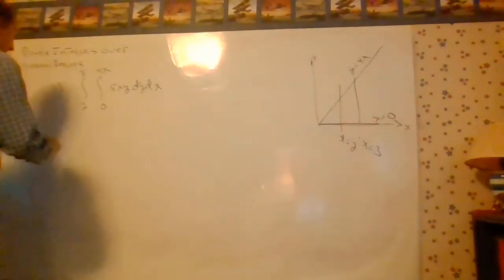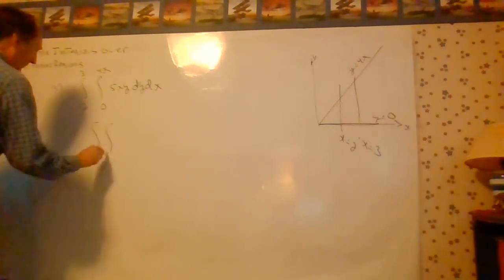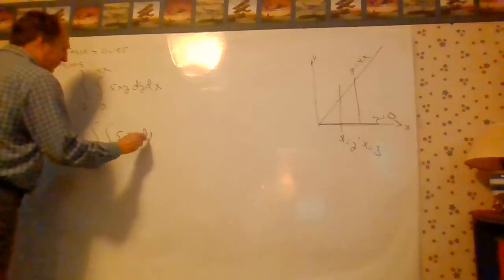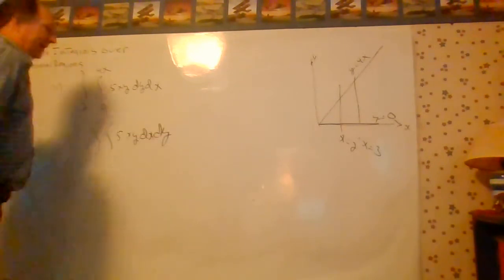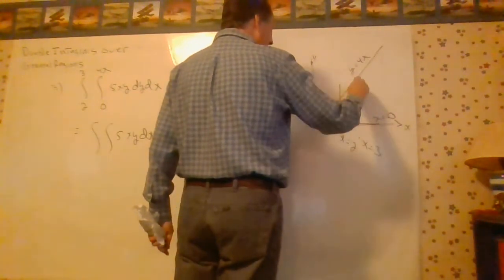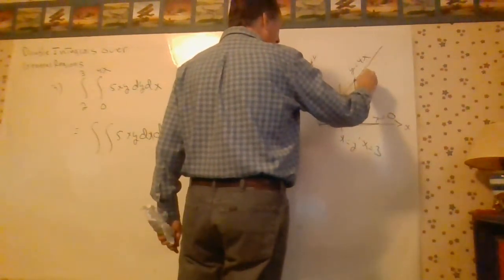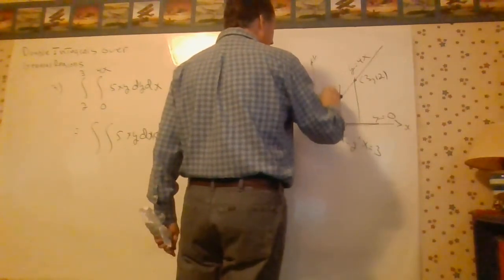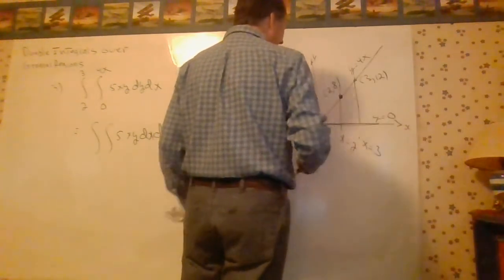Now, if we want to set this up as a double integral, 5xy dx dy, the problem is y goes from here to here. This is still 12. This point here is going to be 2, 8.